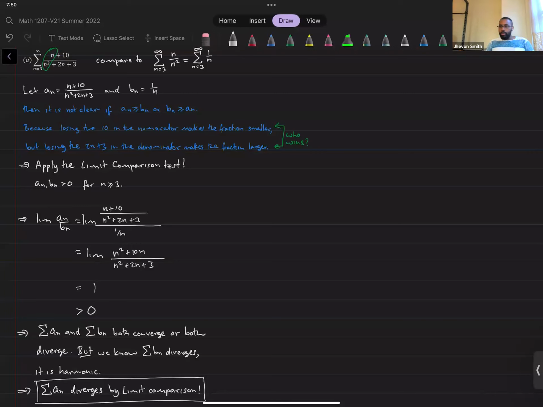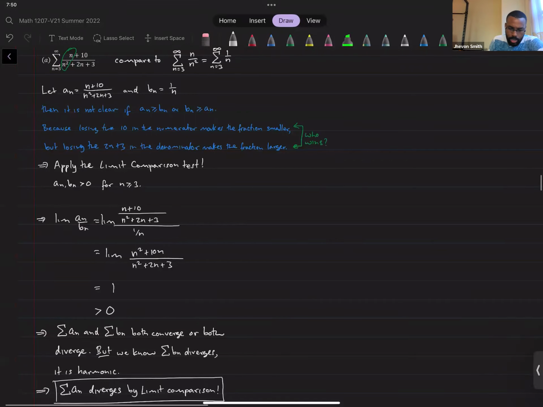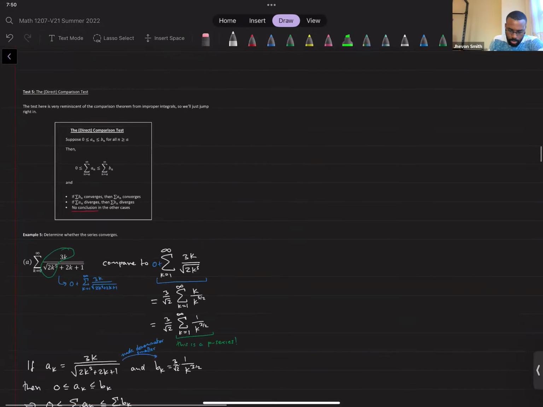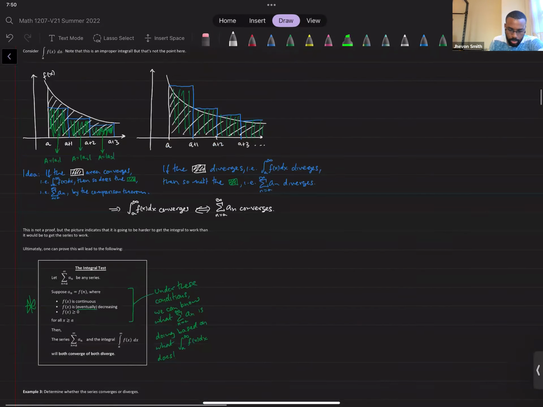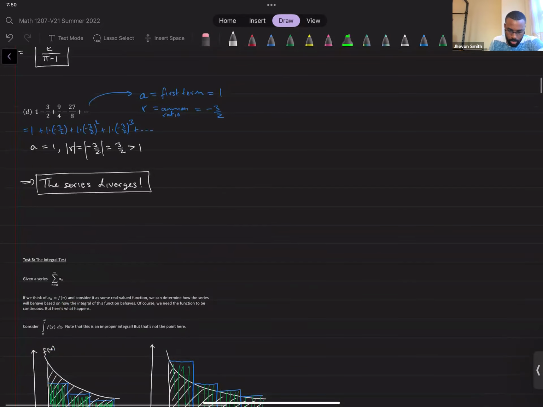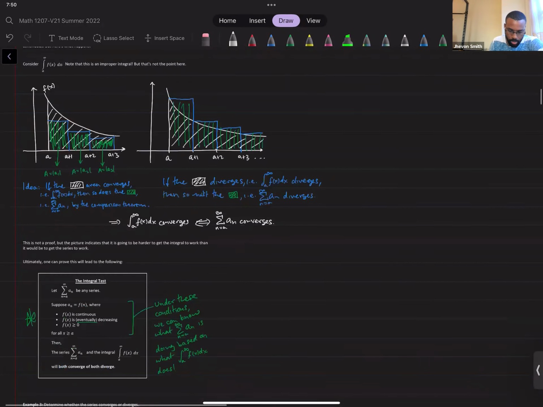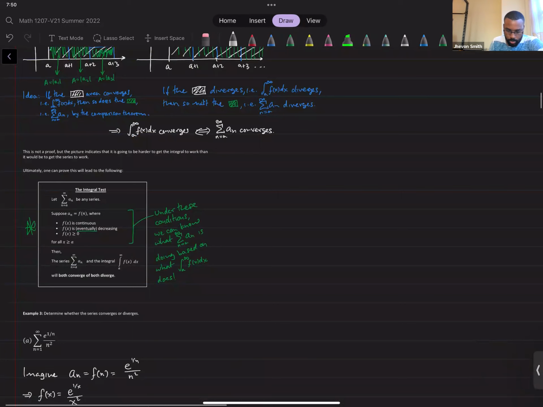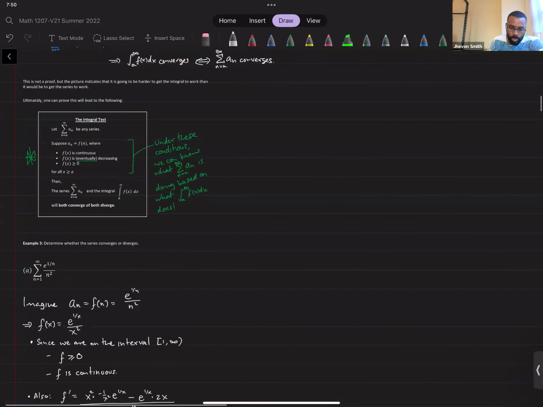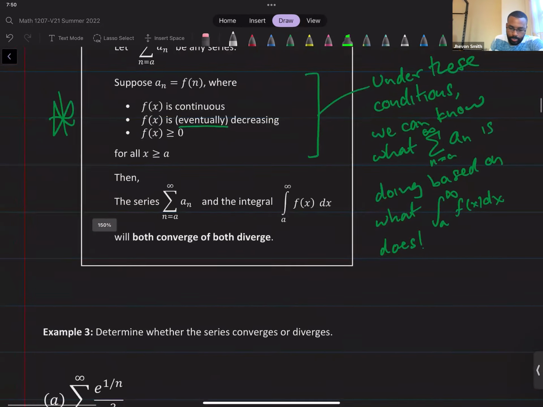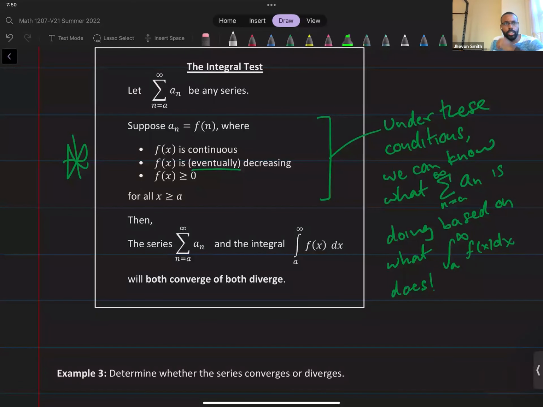I do want to mention something. Yeah, so for the integral test, because our function is always positive, according to the integral test, if you were to throw absolute values around it, it won't make a difference.